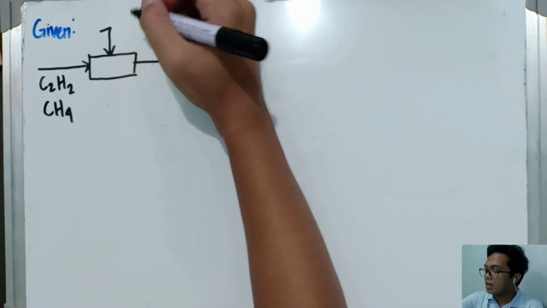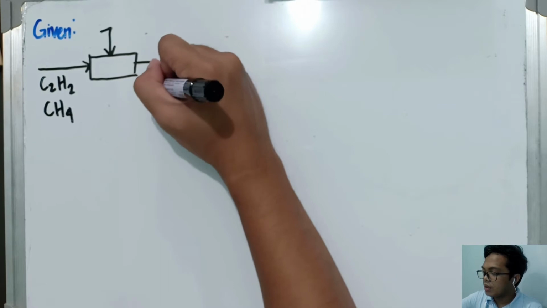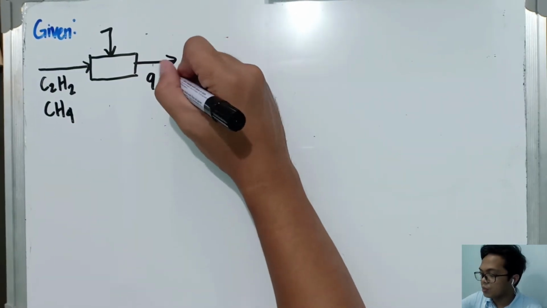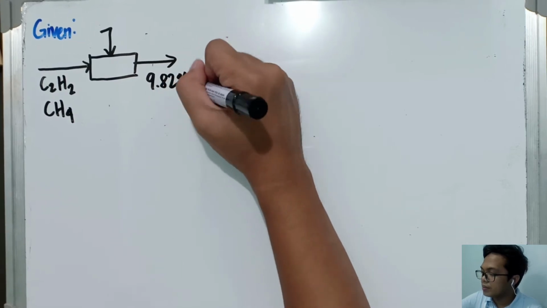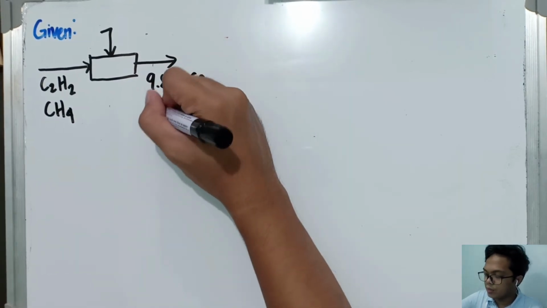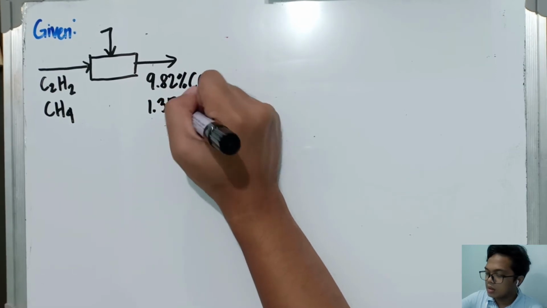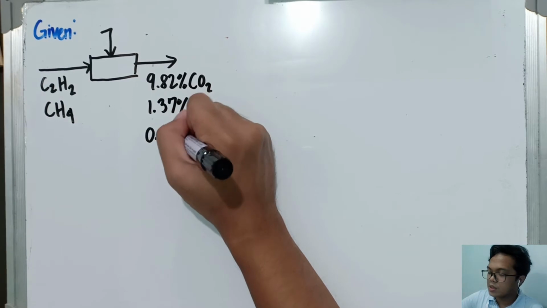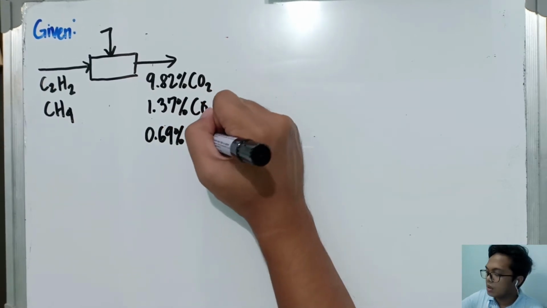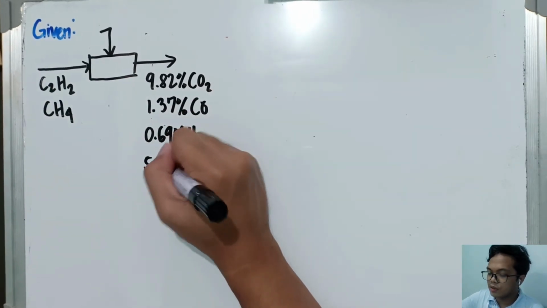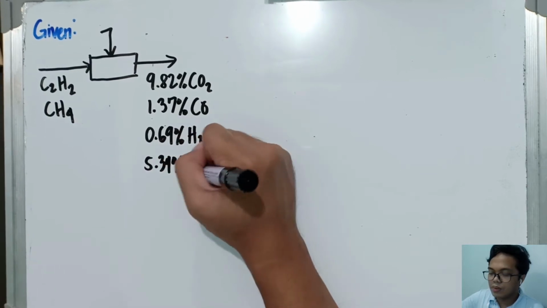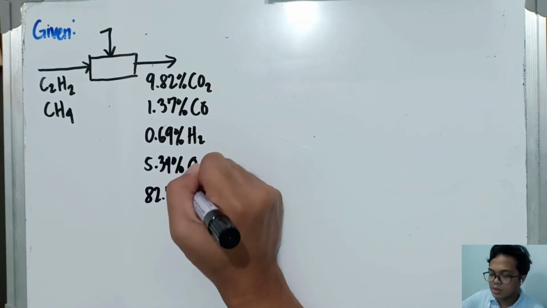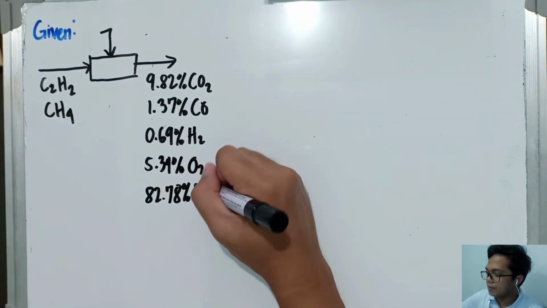We're also given our composition of stack gas, which is 9.82% CO2, 1.37% CO, 0.69% H2, 5.34% O2, and 82.78% N2.